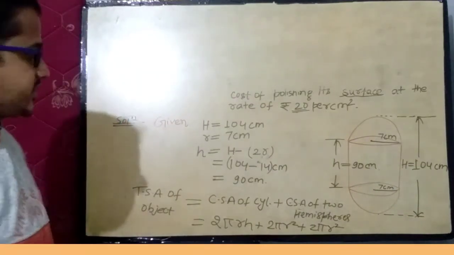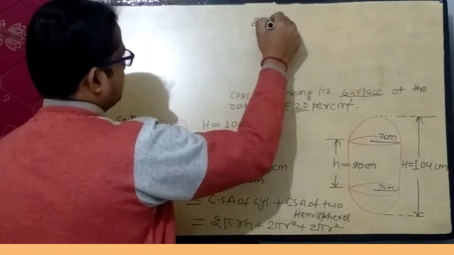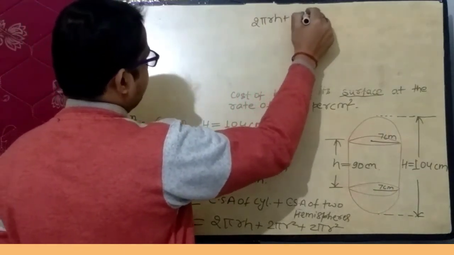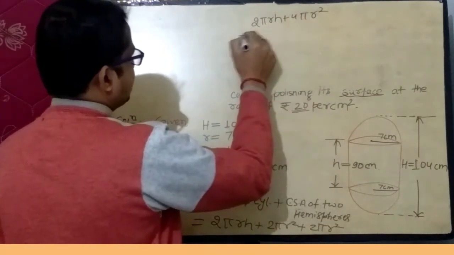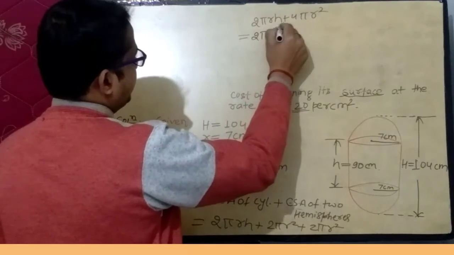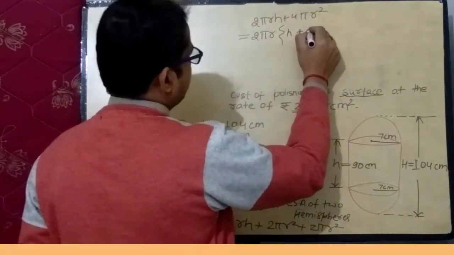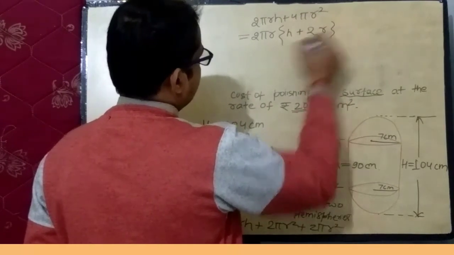Put respective values in this formula, that is 2 pi r h add up 4 pi r square. Take 2 pi r common, then what will remain? This small h add up 2r.